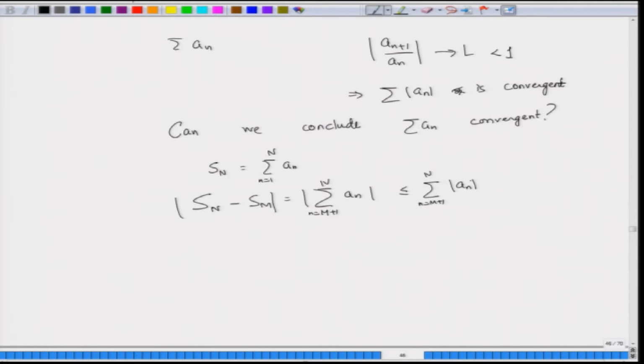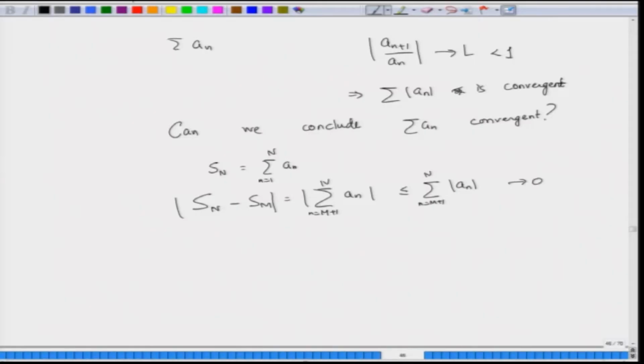Now, as the summation of |a_n| is a convergent series, if I look at the partial sum related to |a_n|, the nth partial sum minus the mth partial sum of |a_n|, we know that this is a convergent sequence, in particular this is Cauchy. So, this will go to 0.